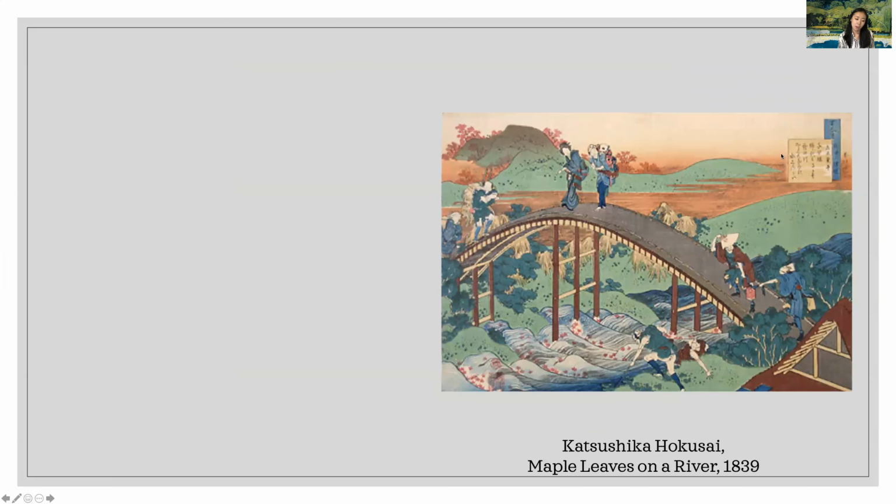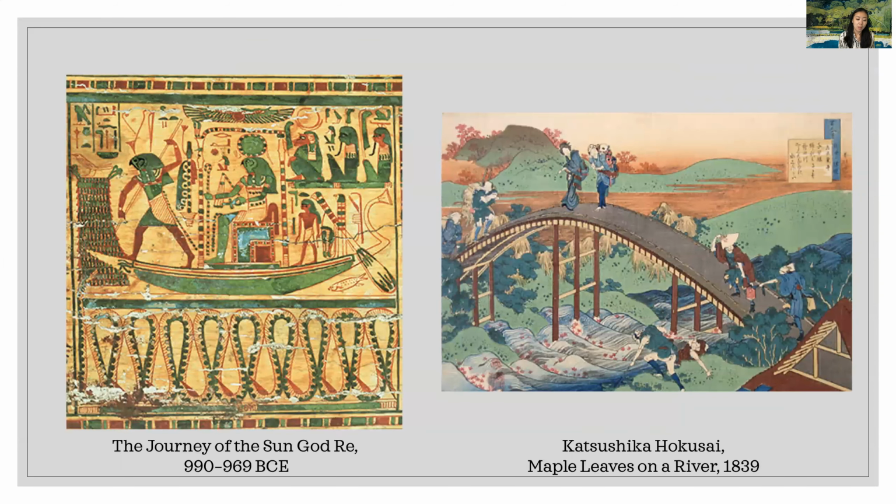Now let's look at different examples. So this is a Japanese artist's painting of maple leaves on a river. Sorry, it's the right one. The Japanese painting depicts a Japanese autumn river in the 19th century with middle or lower classes.